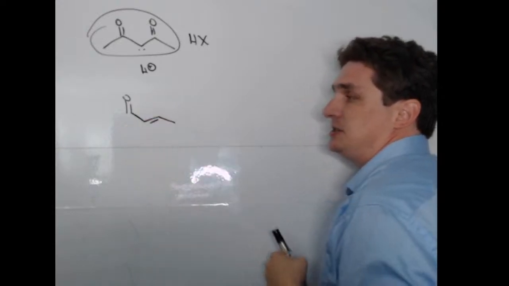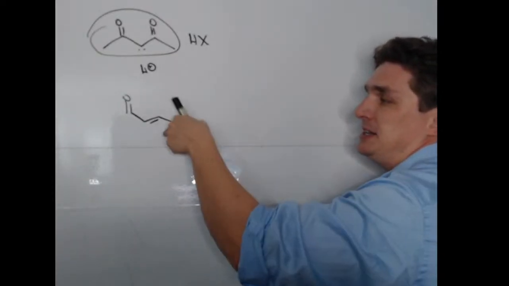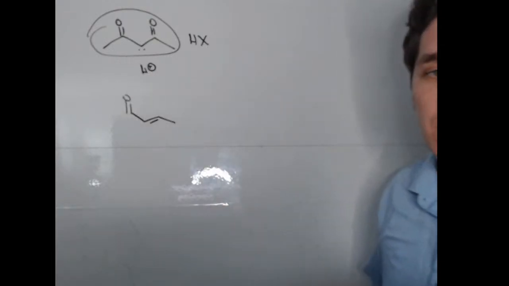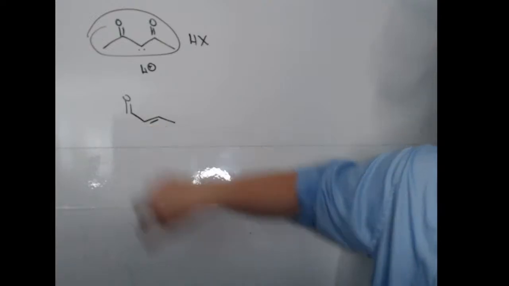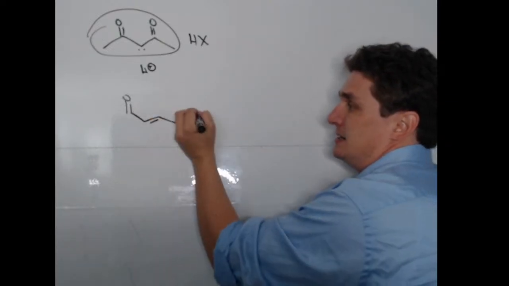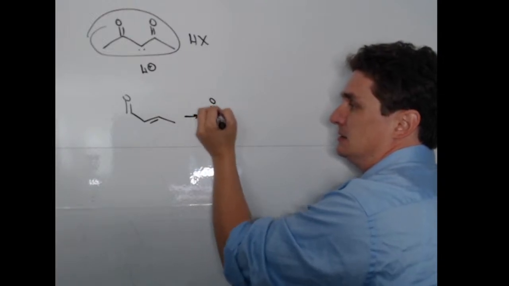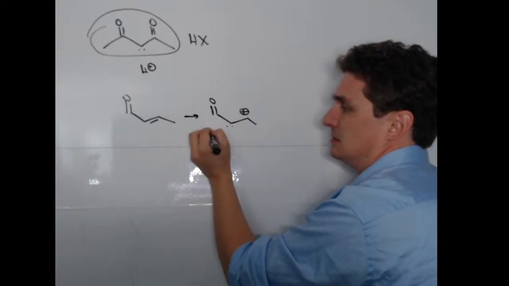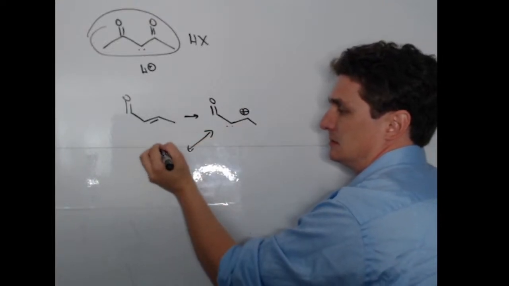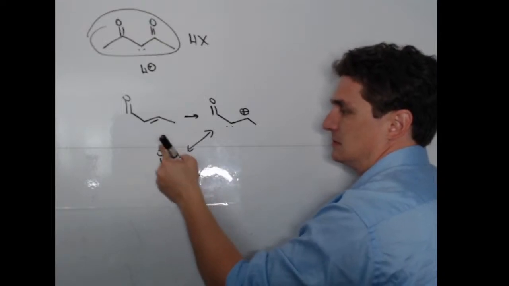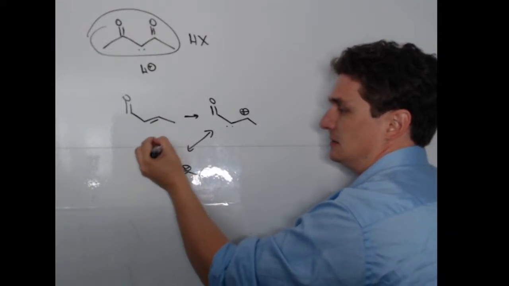So with the Michael reagent, what we're doing is we're just doing an HX addition across a double bond that happens to be adjacent to something that's very electron withdrawing and something that can engage in resonance with this double bond. So we can definitely resonate this ring to make that.